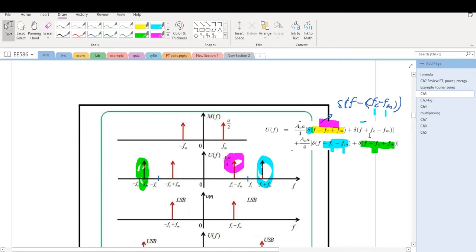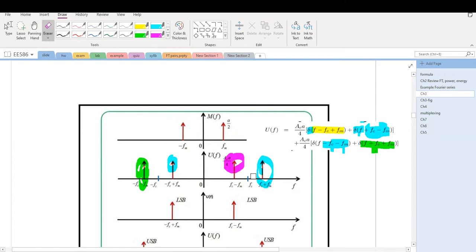We only have one left here. And this delta function is delta f plus fc minus fm. So this delta function is sitting at minus fc plus fm.